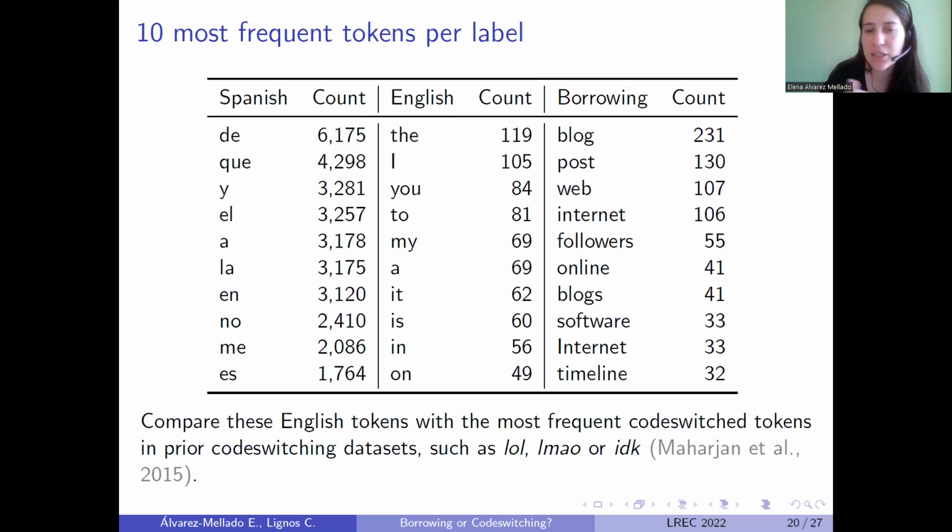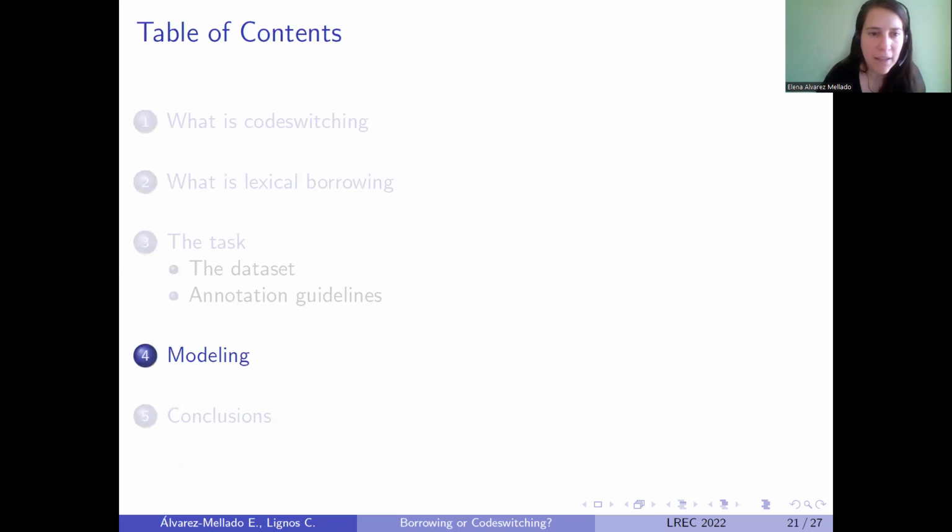Because if we compare these most frequent English tokens with the most frequent code switch tokens in prior data sets, what we found there were internet terms or other types of borrowing, such as LOL, which is not necessarily a good hint of something being a code switch, because it could also be used by monolinguals, as they are also borrowings. So once we had the annotated data set, we went for the modeling.